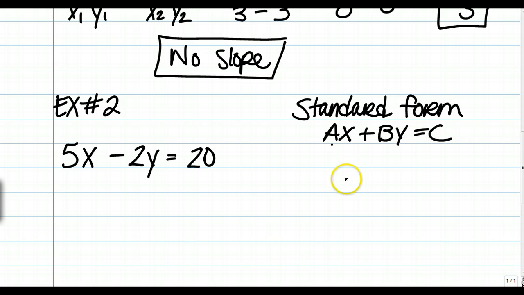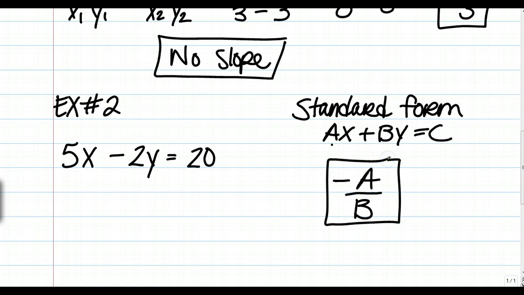You can use your formula, the opposite of A over B, and that will give you the slope. So your A is always in front of x, so we're going to have the opposite of 5, and your B is always in front of y, and that is a -2, so you have to put -2. So your slope would be 5 over 2.